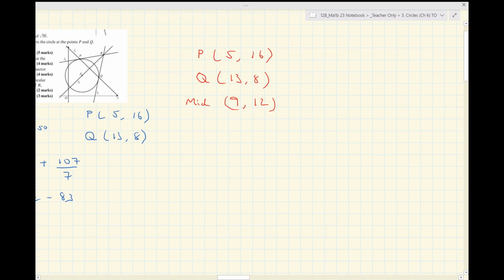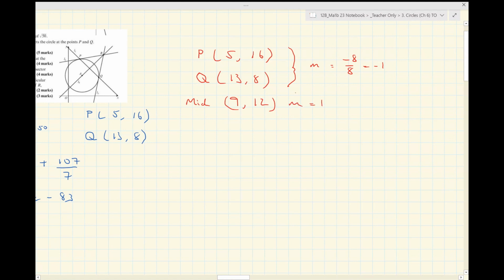And the gradient of my perpendicular bisector, well, the gradient of P to Q is, let's see, minus 8 over 8, which is minus 1. So the gradient of my perpendicular bisector is going to be 1.